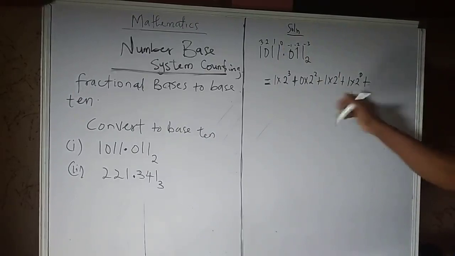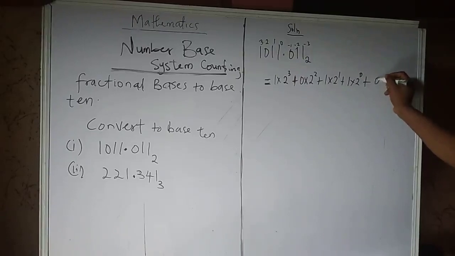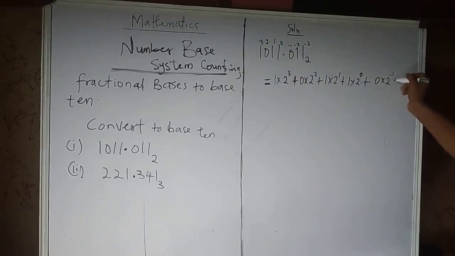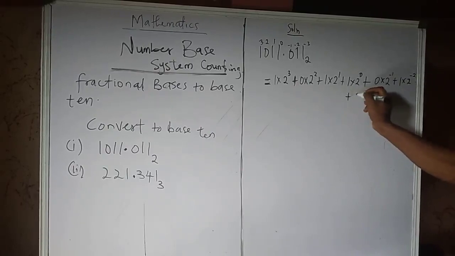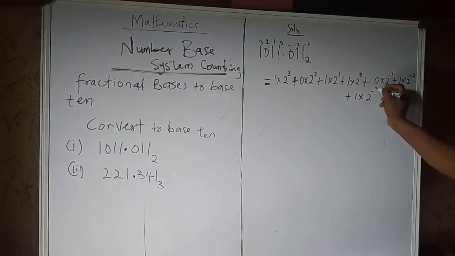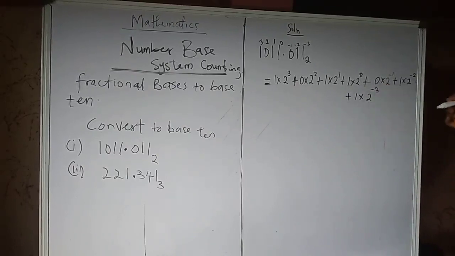Then we cross to the decimal fraction part: plus 0 times 2 raised to the power of minus 1, plus 1 times 2 raised to the power of minus 2, then plus 1 times 2 raised to the power of minus 3. I have to do this because I don't have space over here.